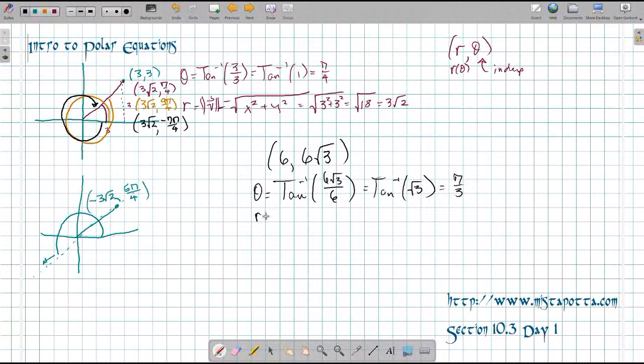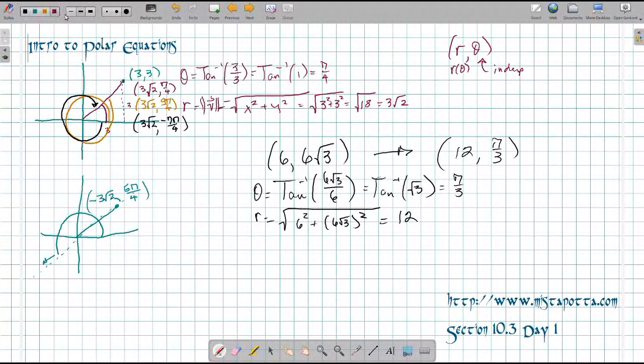My radius is the square root of 6 squared plus the quantity 6 radical 3 squared, and this comes out to be 12. So this point in polar coordinates would be the point (12, pi over 3).